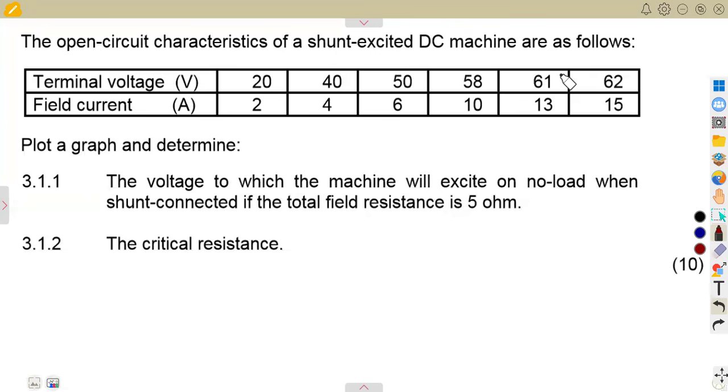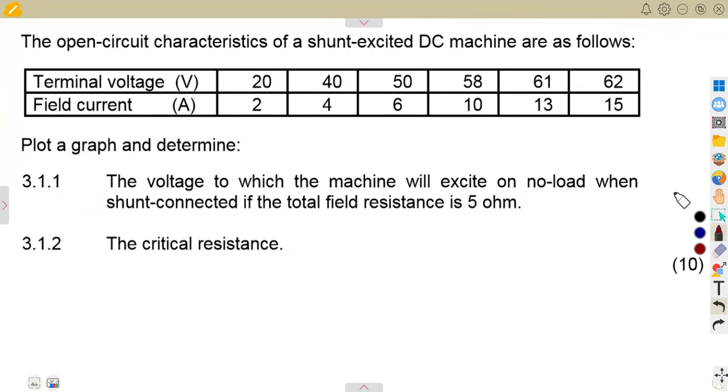So this is a most important part of a DC generator, whereby they are going to ask you questions on the open circuit characteristics of a DC machine, considering a DC generator.